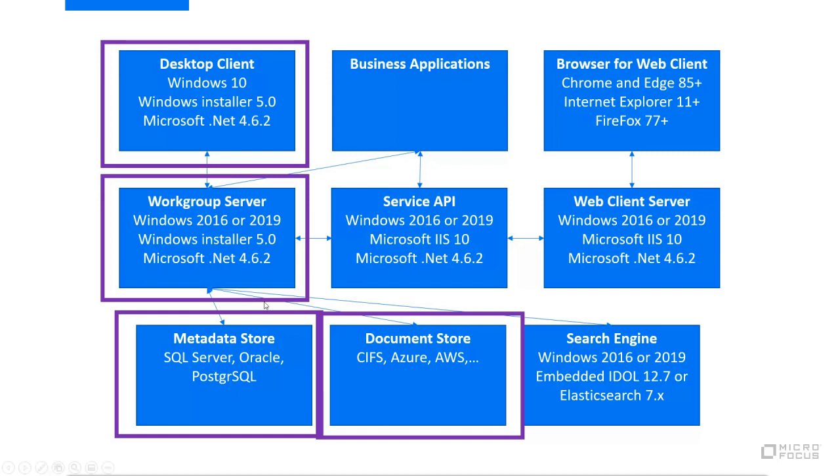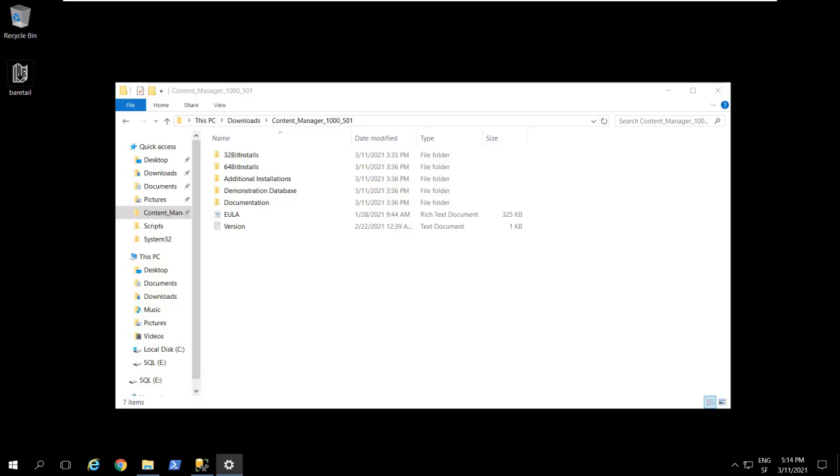We will then deploy all this configuration, kind of compilation, and finally we will install the desktop client to check that everything is working. So let's have a look at this configuration.